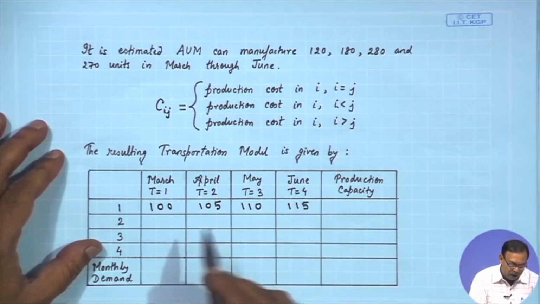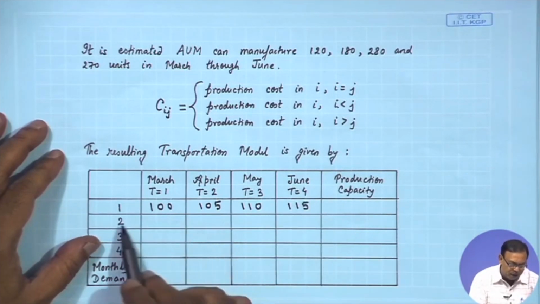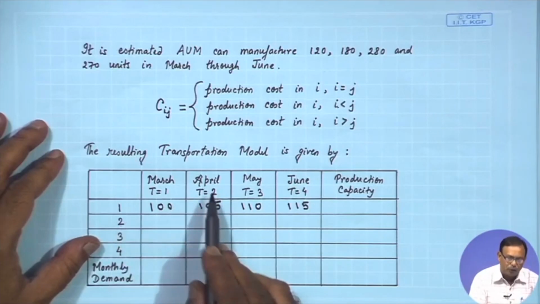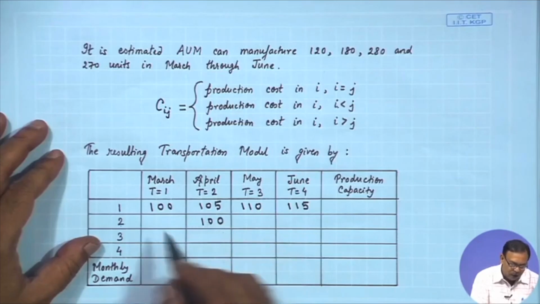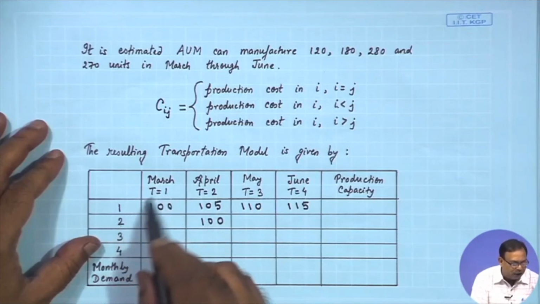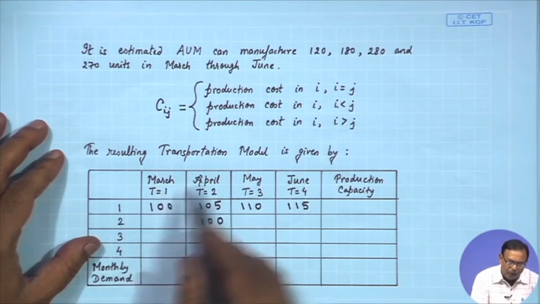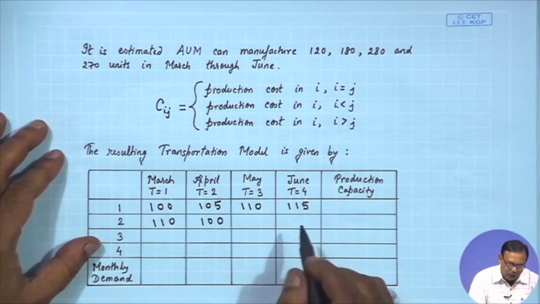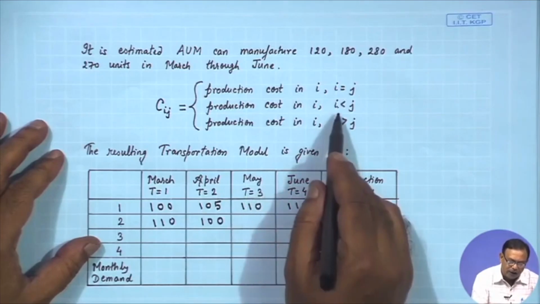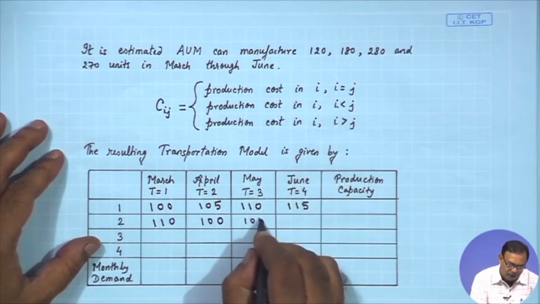Similarly, for 2 2, for April to April, this will remain 100. Now, for 2 1, i is greater than j, therefore this will be 110. Again for 2 3, i is less than j, so it will be 105.